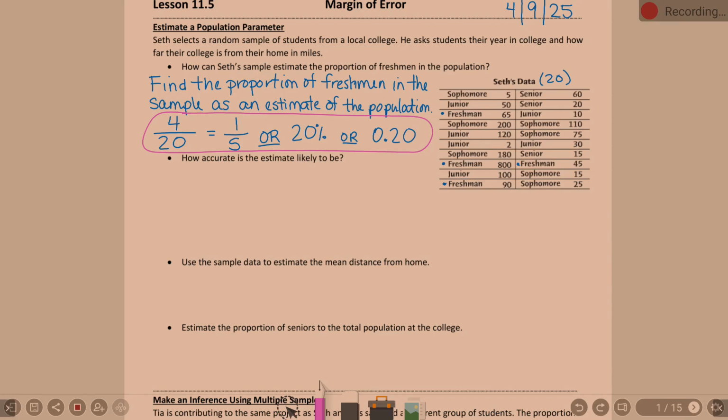Talking about sample size and what type of sample it is. So I'm going to write some information about those, but the first one is the larger the sample size, the more accurate the estimate will be.